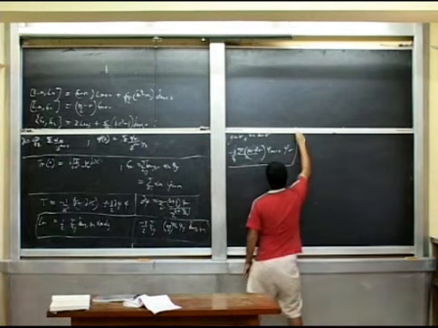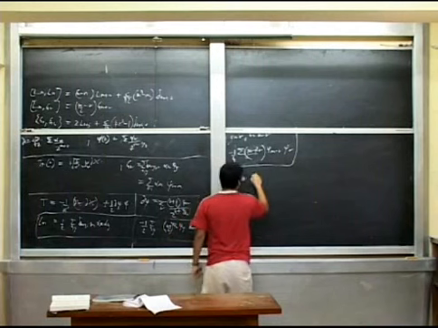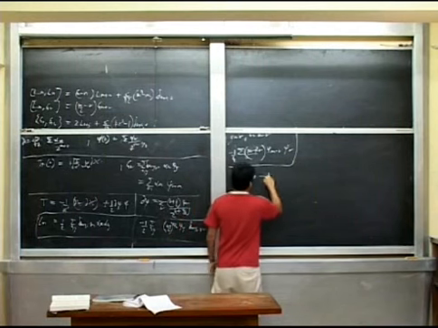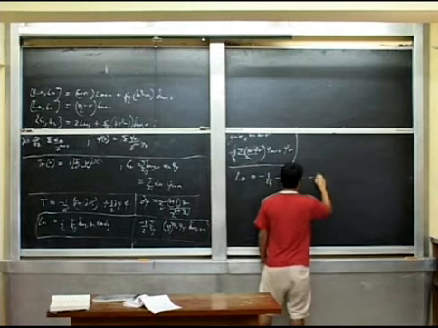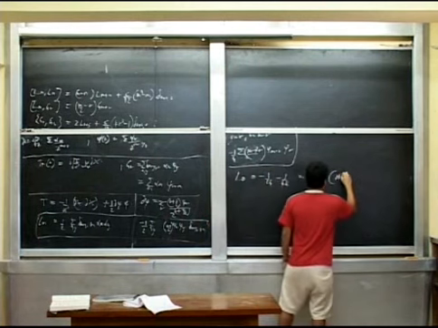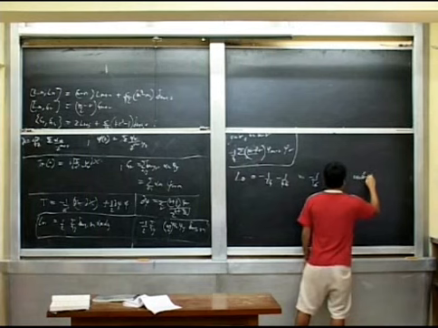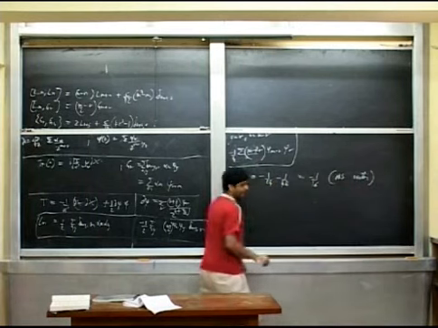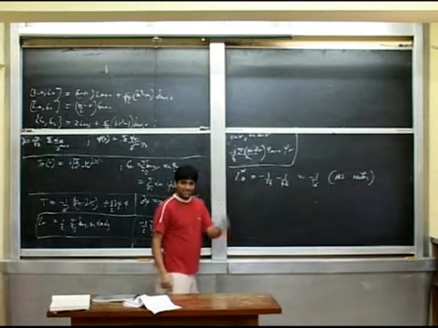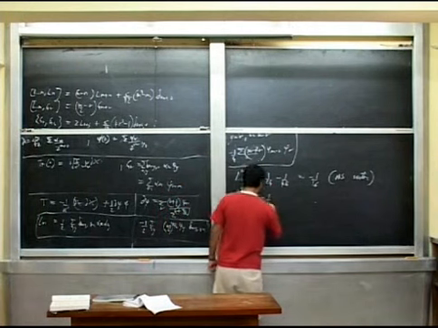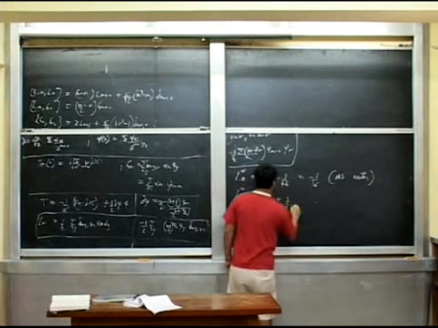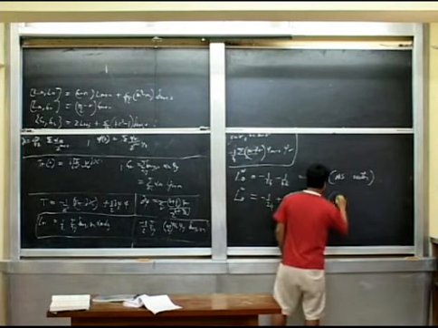We got that L0 was equal to minus 1 by 24 minus 1 by 48, which is equal to minus 1 by 16 in the NS sector. Okay, but I emphasize this is on the cylinder, so I call it L0 W. And L0 W was equal to minus 1 by 24 plus 1 by 24, which is equal to 0, in the Ramond sector.